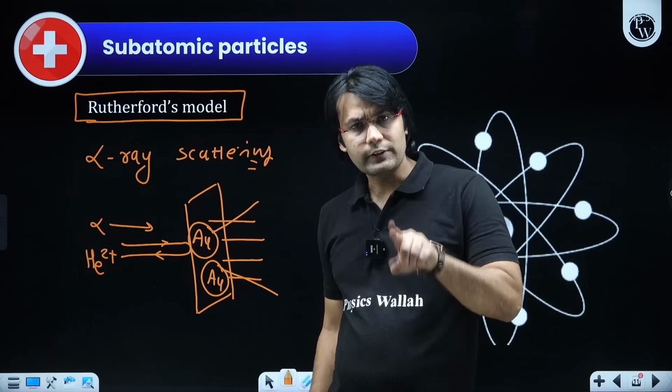Definitely there will be loosely bonded electrons inside the atom. When an electron is present inside the atom, it is getting attracted by the nucleus, because the electron has negative charge and the nucleus has positive charge.